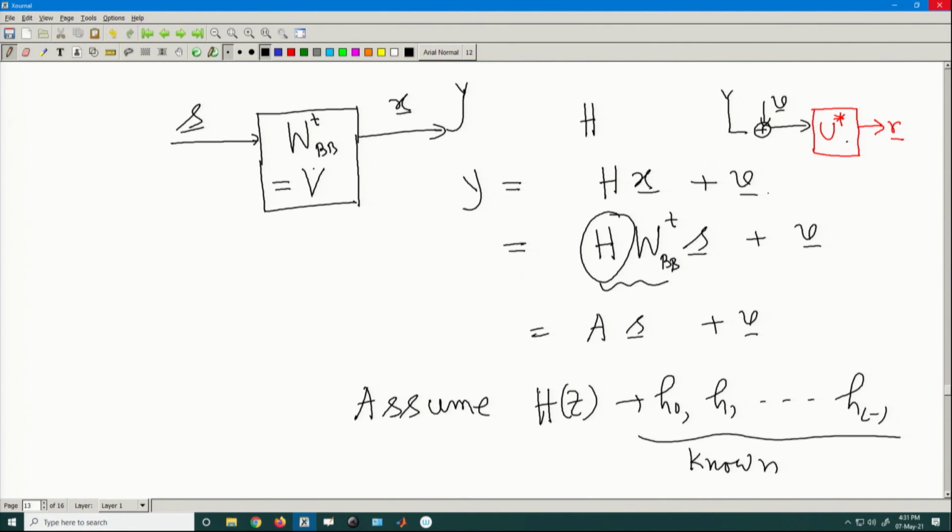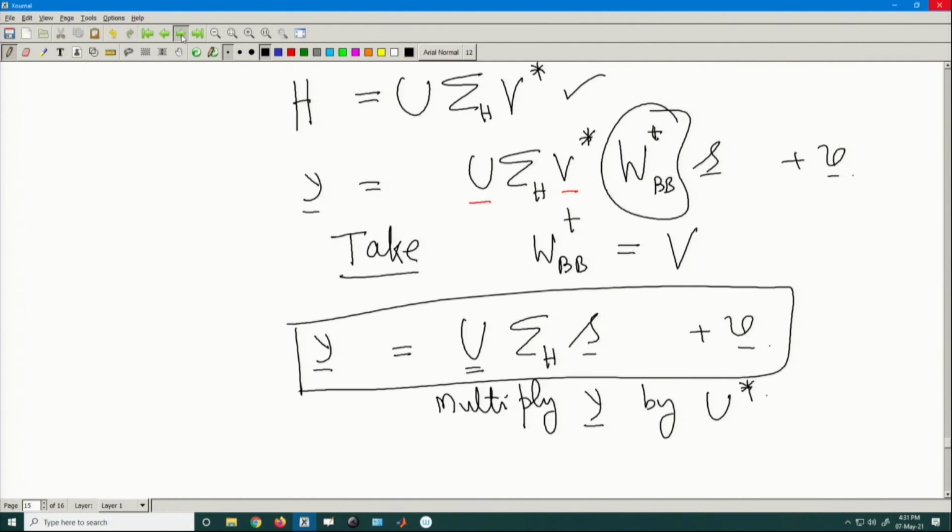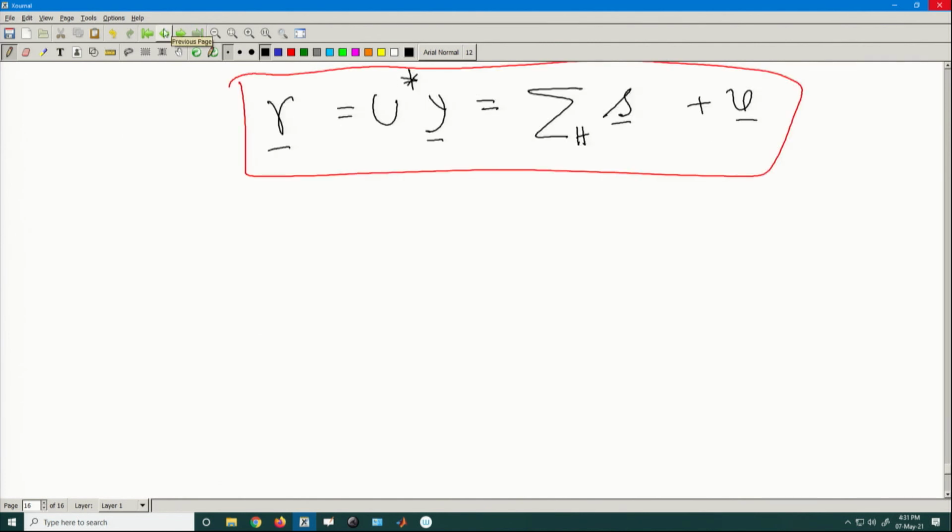That is the only change I do. I want this type of precoder. Let us see what happens. That means I pick a precoder which is equal to B equal to u star. So, finally, I get r bar is equal to sigma h s plus b.